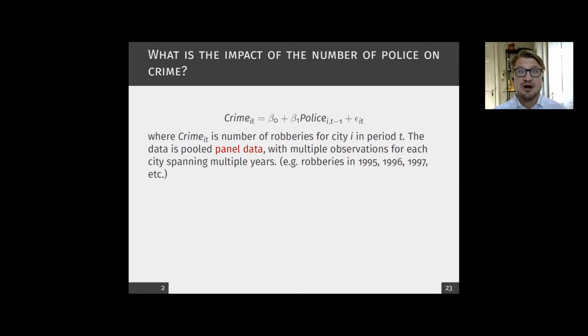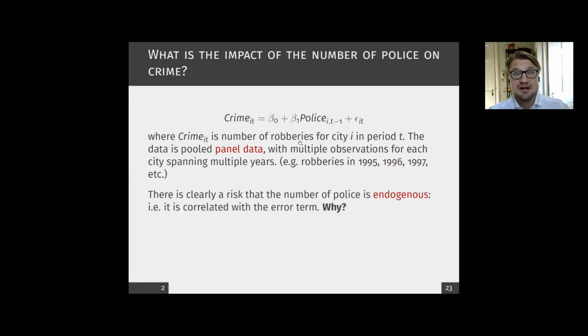We have, for example, crime rates in 1995, 1996, 1997, etc. And we're looking at the number of police in T-1. So we want to, for example, look at the crime rate in 1996 depending on the number of police in 1995, one period before that.